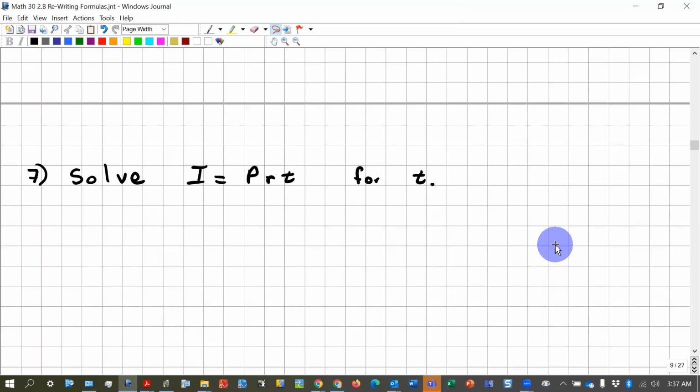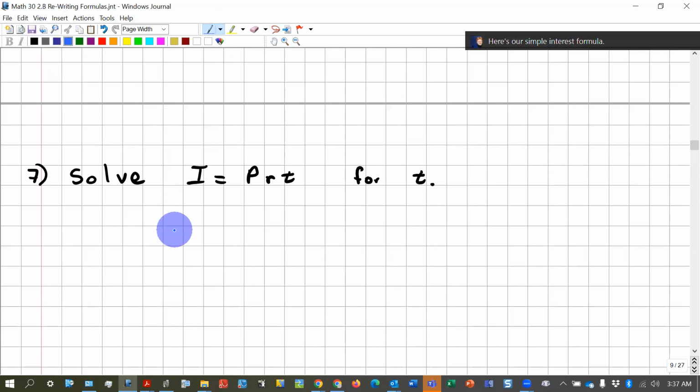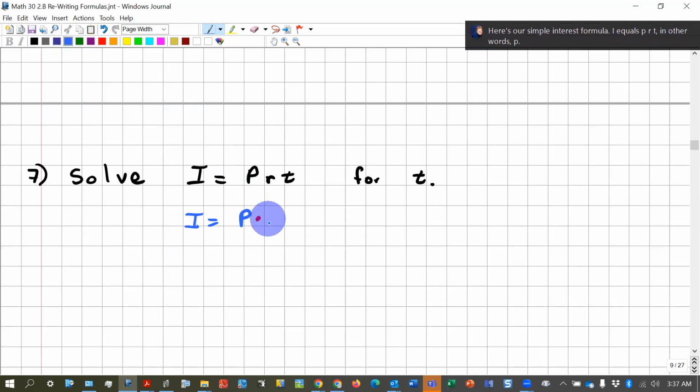Here's our simple interest formula. I equals PRT, in other words, P times R times T. We want to get little t by itself.